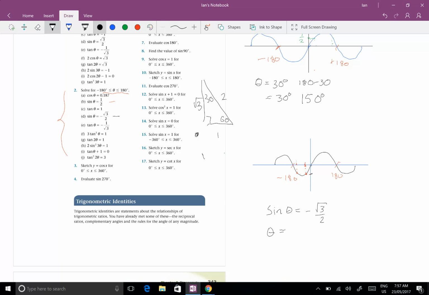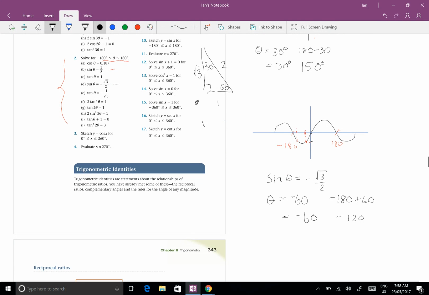Again, if I look up here to my triangle, root 3 over 2, I'm going to get 60, but I know it's negative 60. And this one's 60 back from 180. So it doesn't matter how you work this out, but I'm going to just go, well, that's negative 180 plus 60 to come back this way. So I get negative 60, and I get negative 120.